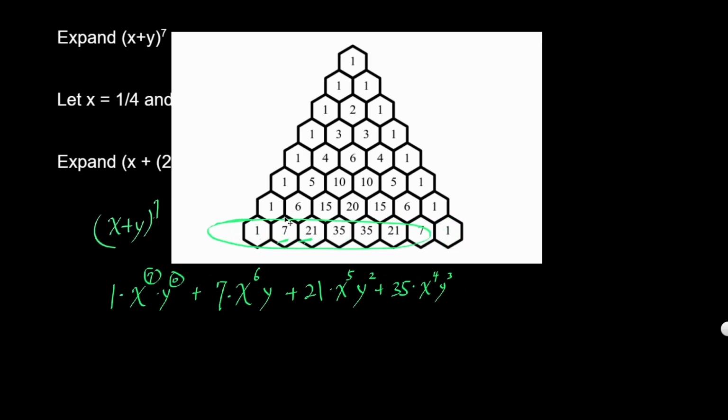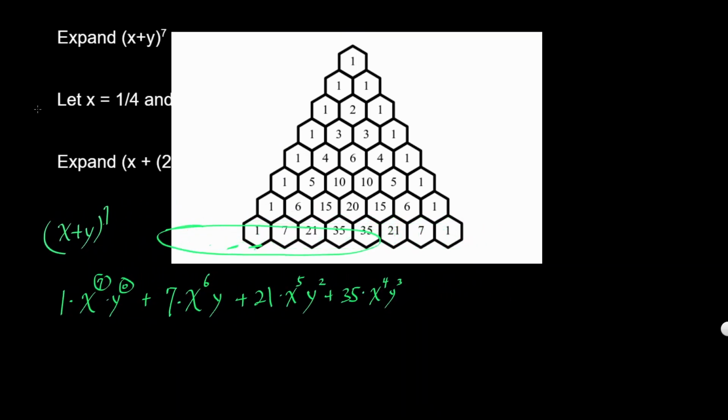Let me shrink it a little bit. Next would be plus the other 35, x decreased by 1 now, y increased by 1. Plus 21, x decreased by 1, y increased by 1 to the 5th.